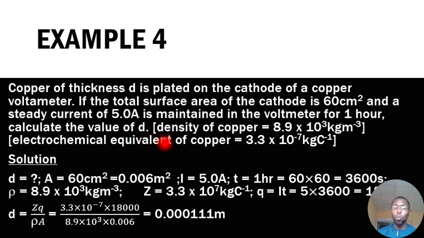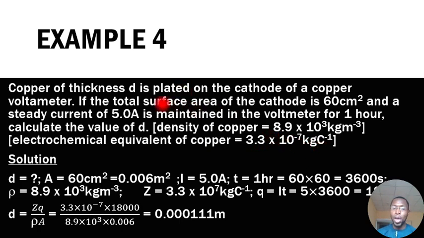We are given the density of copper to be 8.9 times 10 to the power 3 kilogram per meter cube. We are also given Z, the electrochemical equivalent of copper, to be 3.3 times 10 to the power minus 7 kilogram per coulomb.